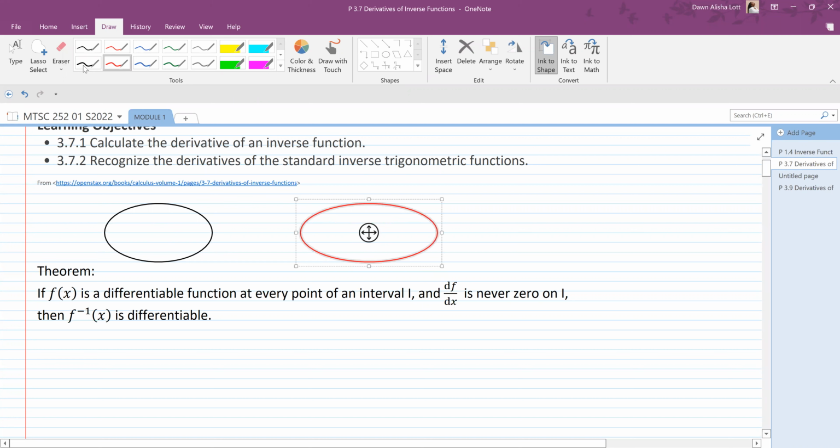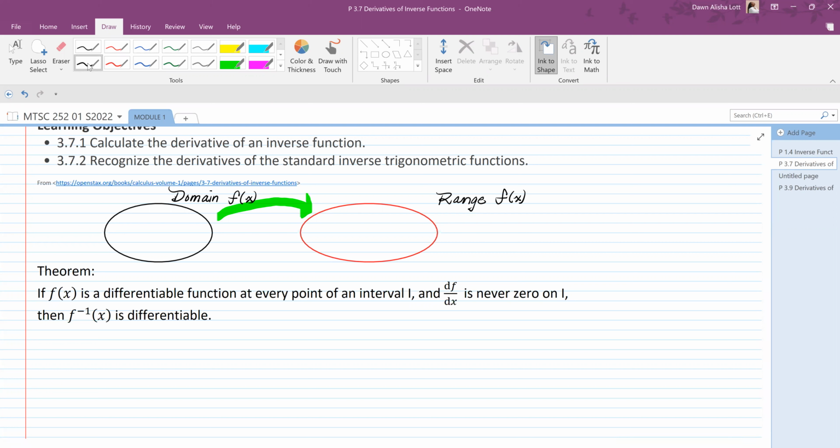So this is the domain of f of x, and this is the range of f of x. So f of x takes all of these points on one side and it goes over here. And so that's how f of x works.